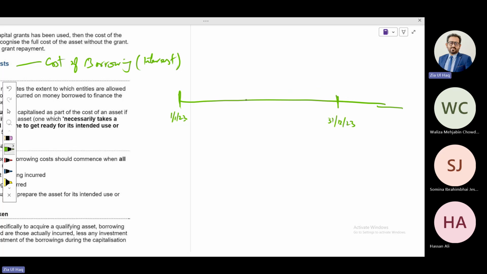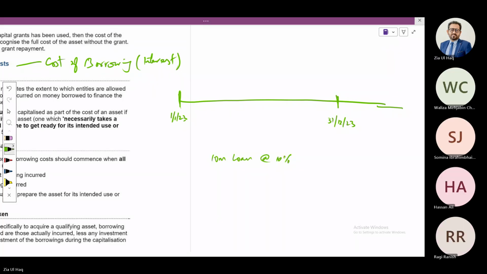In this time period, we took a loan from the bank of 10 million at the rate of, say, 10%. 10% is the interest rate. This means we need to account for interest on this loan amount. If 10 million is the total amount and 10% is the annual interest rate, every year we need to charge how much? 1 million interest. Normally we charge interest in the profit and loss account.